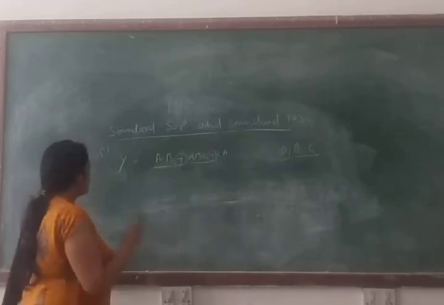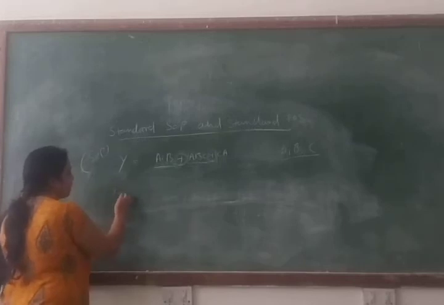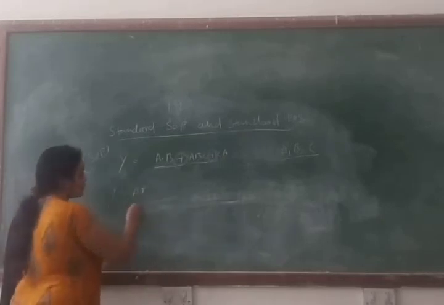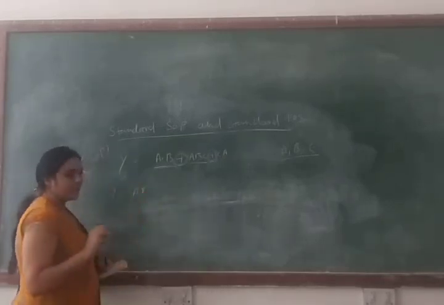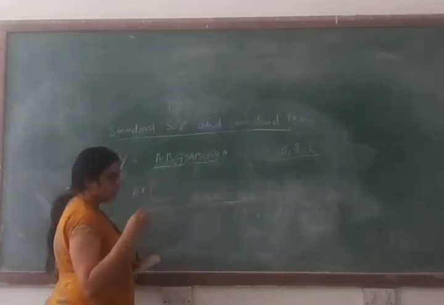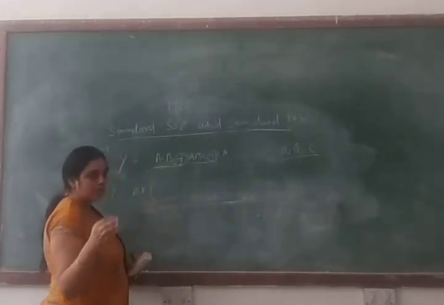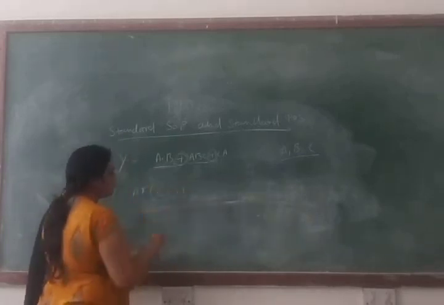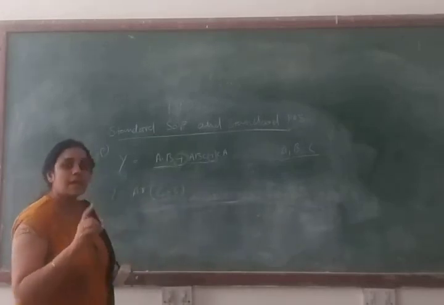So for that, what we are doing, A dot B. Suppose C is missing. This is the first product term, and here C is missing. So what you will do, you are performing the ANDing operation. First you have to form the term, and how will you form the term? By performing the OR operation of the complemented and uncomplemented forms of the missing literal.